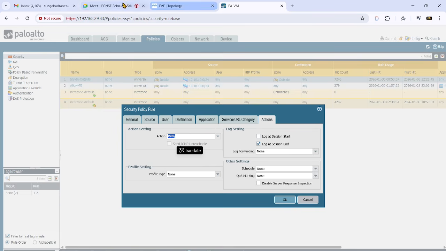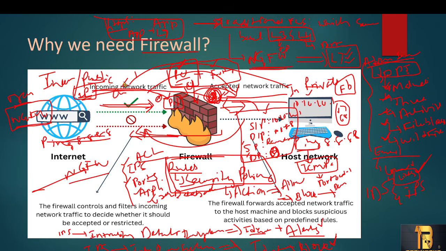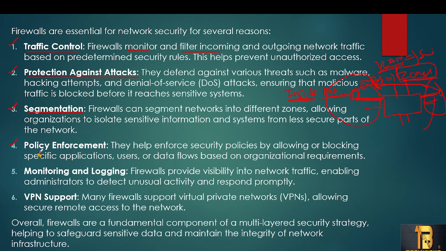The firewall will enforce the action based upon the traffic it receives, not only based upon IPs and ports, but also upon application, users, and data flow, that is, how data is coming inside or outside the network.